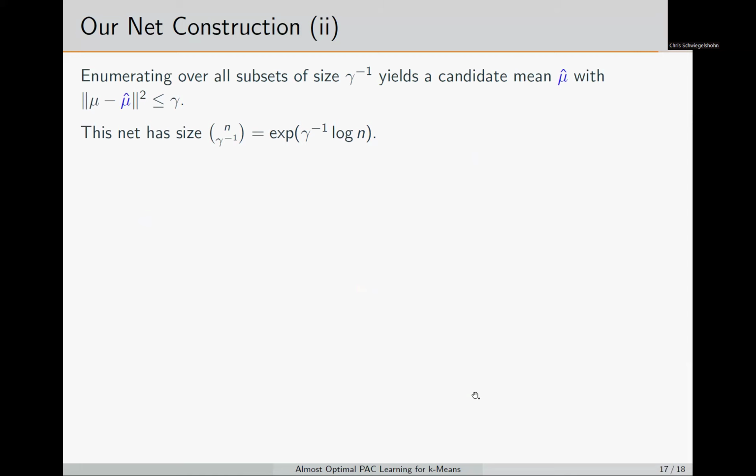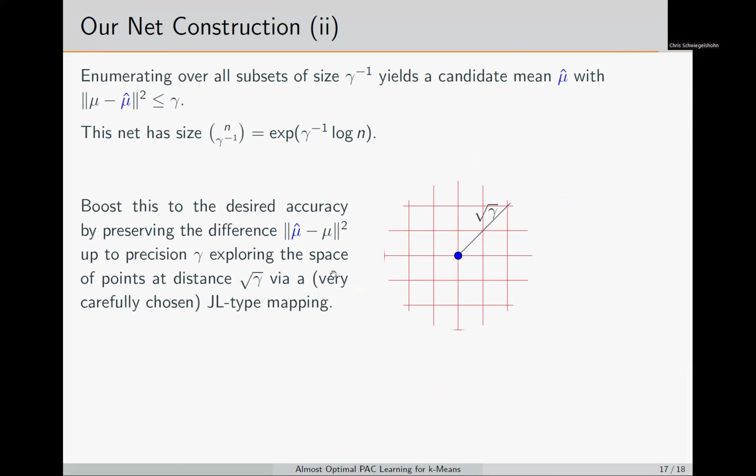So how do we manage to improve this? First, we obtain candidate means that are somewhat close, to within gamma, again by just taking this enumeration over gamma to the -1 many points. And then we do a Johnson-Lindenstrauss dimension reduction where we explore the space around this candidate mean mu hat.